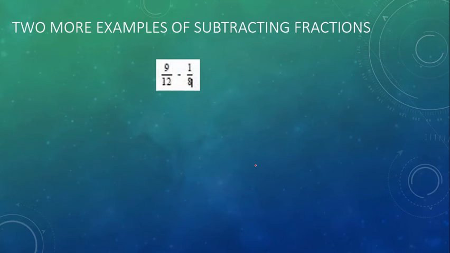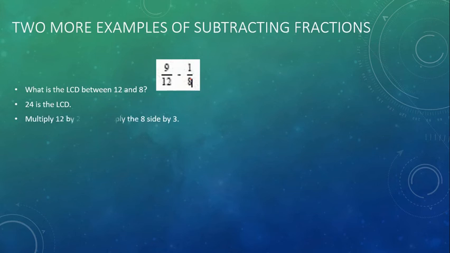Okay, two more examples. Let's look at 9/12 minus 1/8. Somebody tell me what the LCD is for 12 and 8. 24 is the LCD between 12 and 8. We're going to multiply 12 by 2, right? So that means that we're going to multiply the top and bottom by 2.